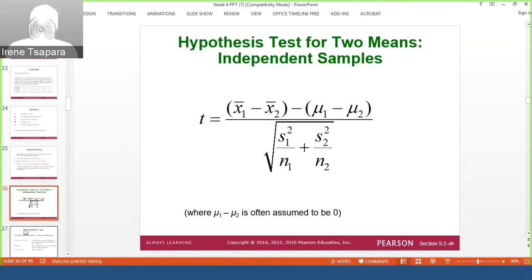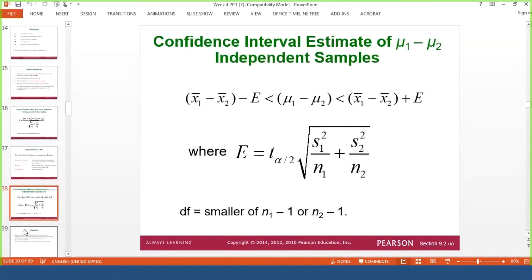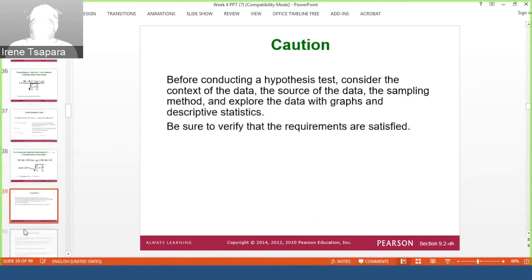When I have independent samples, I don't use the pooled standard deviation. When I have dependent samples, I use the pooled standard deviation. Calculating the confidence interval is exactly the same. The method is exactly the same as before.